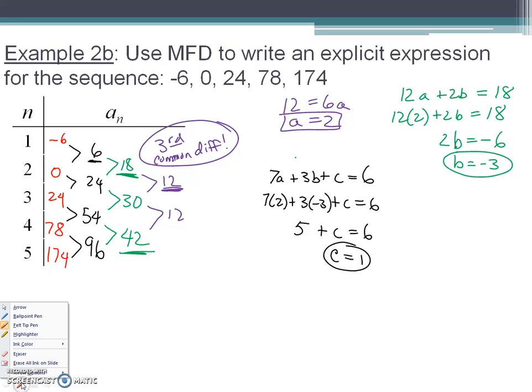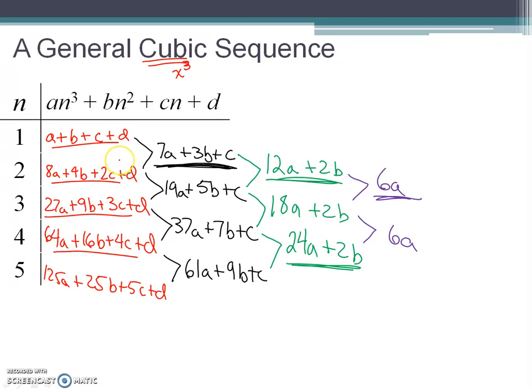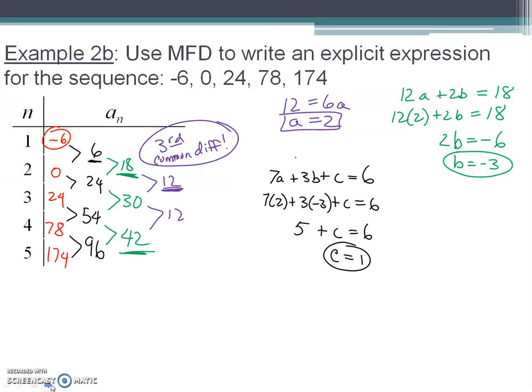And now we've got negative 6 for a plus b plus c plus d. So let's go for it. a plus b plus c plus d equals negative 6. Plugging in 2 plus negative 3 plus 1 plus d equals negative 6. Actually, 2 minus 3 plus 1 goes away, so d is equal to negative 6.